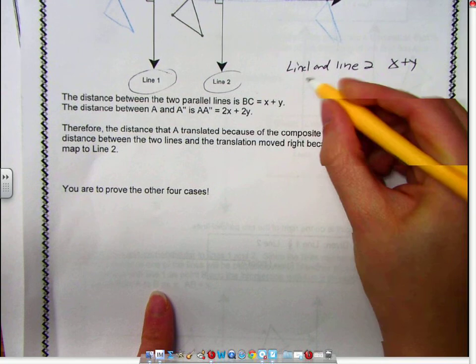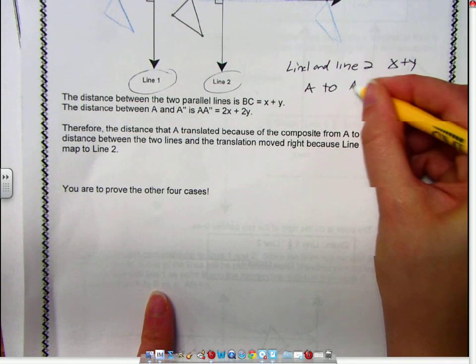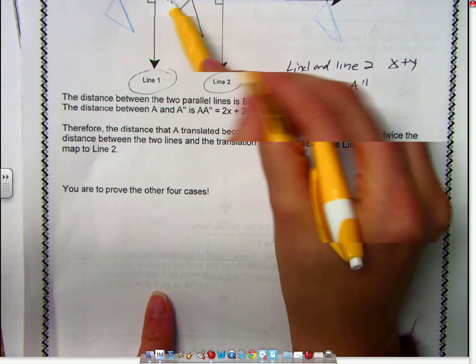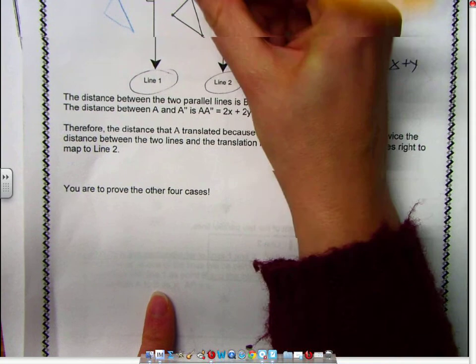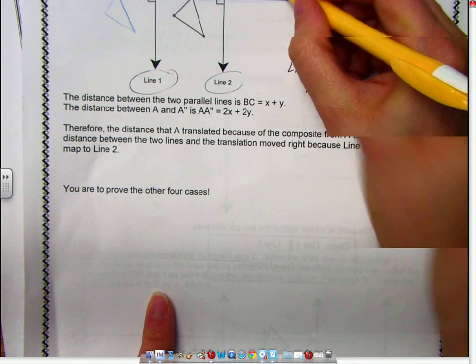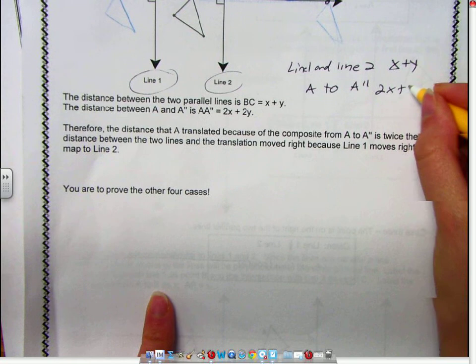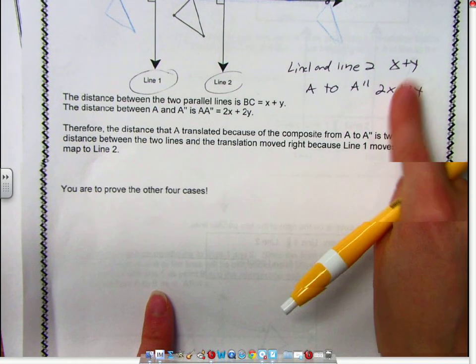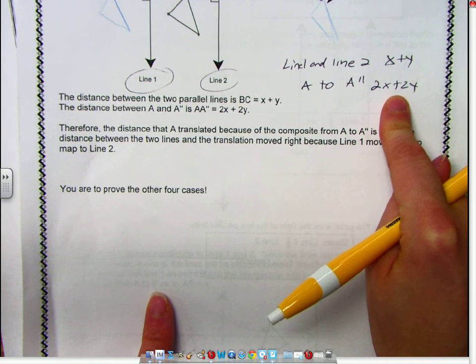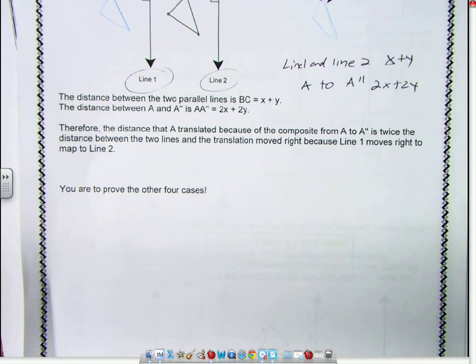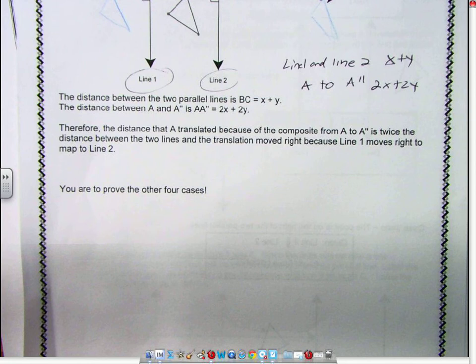And we see that between A to A naught is 2X, because we're looking from here to here. 2X plus 2Y, which is the whole point, right? You want to see that this doubles, right? That's the whole point of this, is that the distance between the two lines is doubled to find the distance between A and A naught.